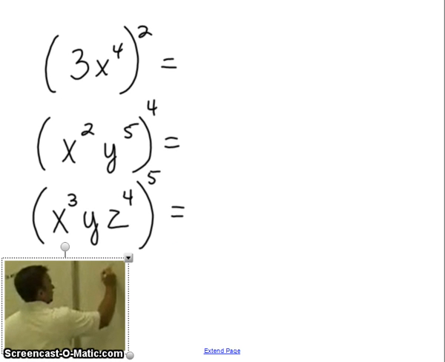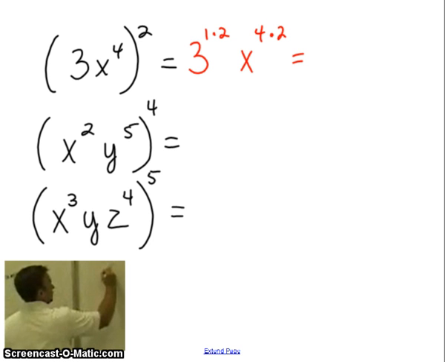All right, let's look at a couple more. We have 3x to the fourth squared. Now, this deals with the product to a power. So the 2 technically is going to both the 3, which is 3 to the 1 times 2, and to the x to the fourth times 2.